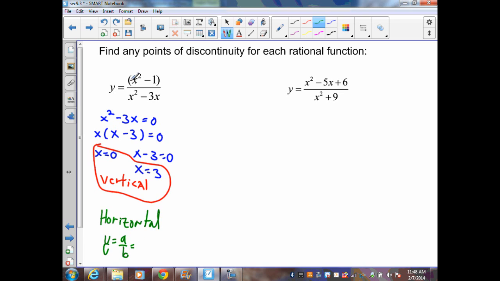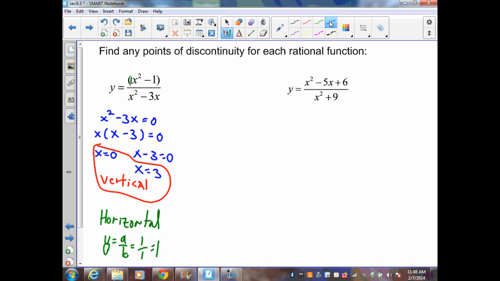A is the coefficient of the largest degree term in my numerator, which is 1, and b is the coefficient of the largest degree term in the denominator, which is 1. Therefore, I have a horizontal asymptote at y equals 1.